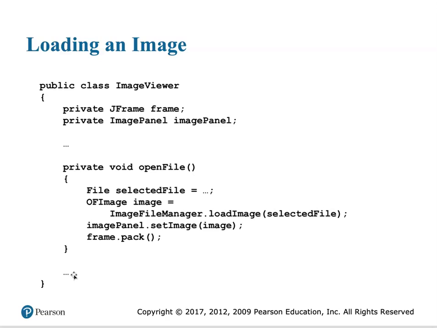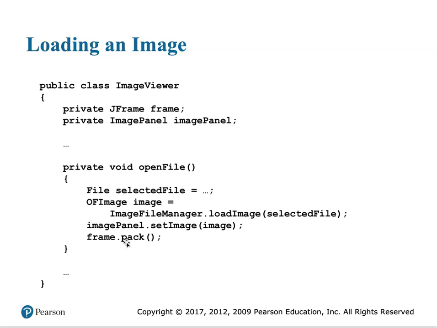We're going to ask our image file manager to load the image, which is pointed to by the selected file, and store that into the OF image. And then we're going to tell our image panel to take that OF image object and set that as its image, and then pack the frame so it shows up on screen.